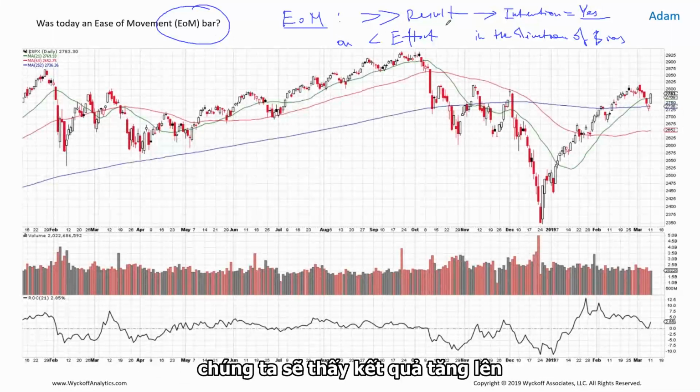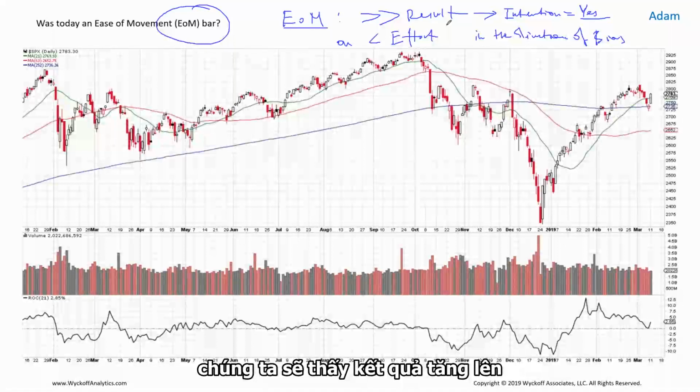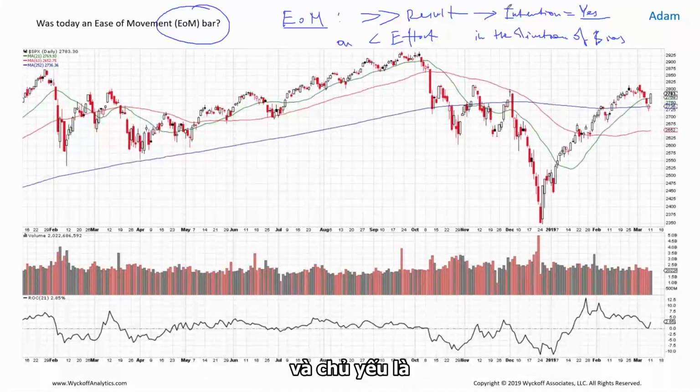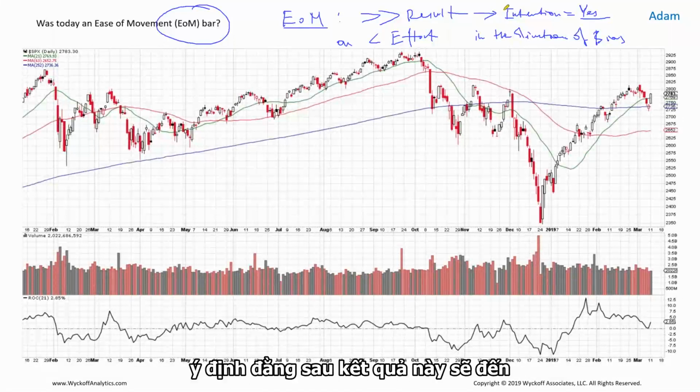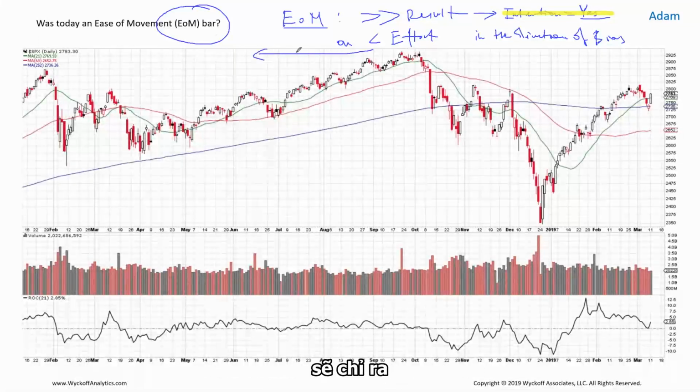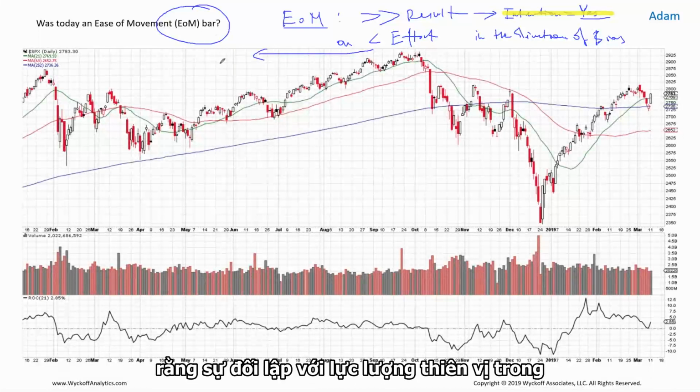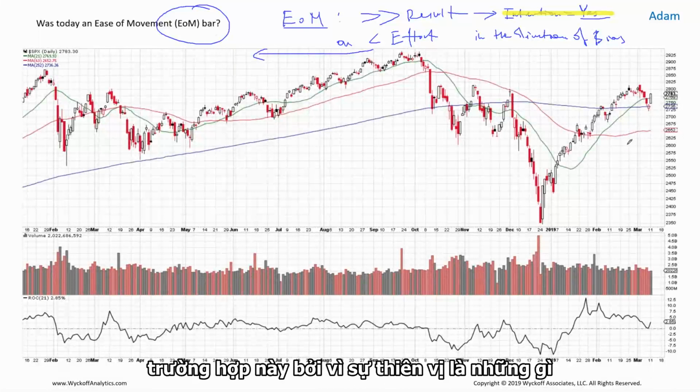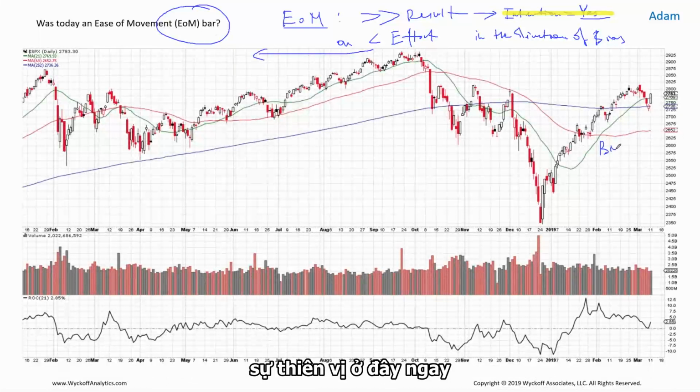We're going to see the increased result, and predominantly the intention behind this result is going to be positive. And it's going to happen on the decreasing effort. And usually the decreasing effort is going to indicate the opposing force to the bias, in this case, because the bias is what? The bias is up here, right?